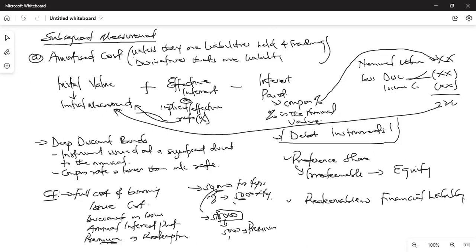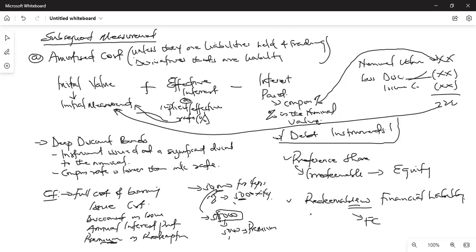Okay, now we have interest and dividends. We all know that equity dividends are declared and reported directly in equity. So it's not a P&L item; it's directly in the equity. The dividends on these instruments classified as liability are treated as finance cost.